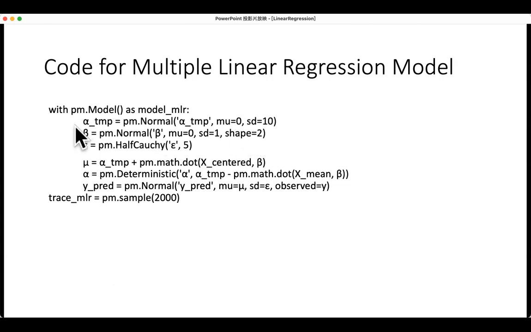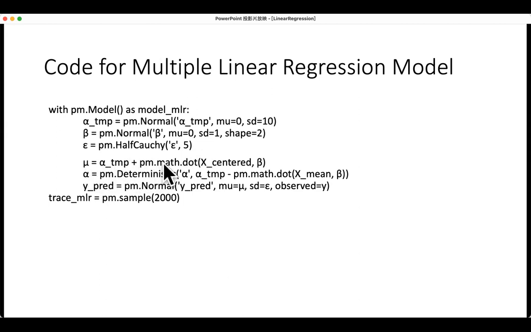We have two variables in beta. Epsilon is a half Gaussian. I already told you what a half Gaussian looks like. So again, this is very flat.